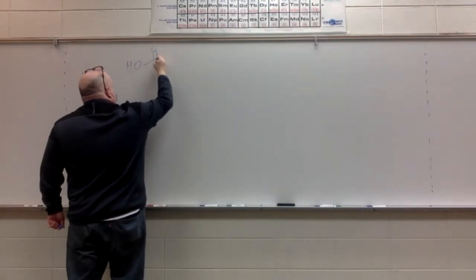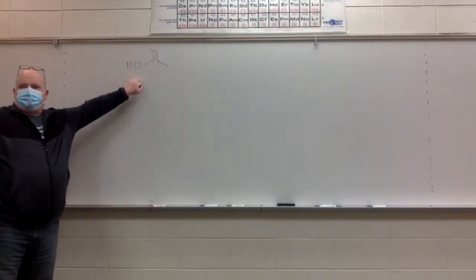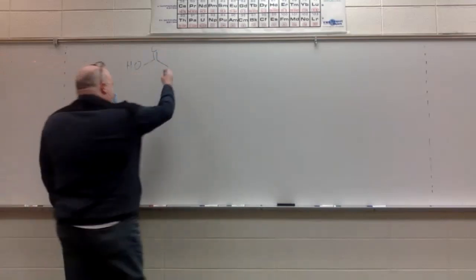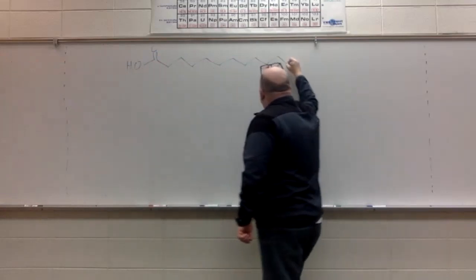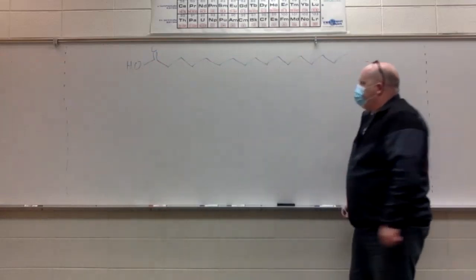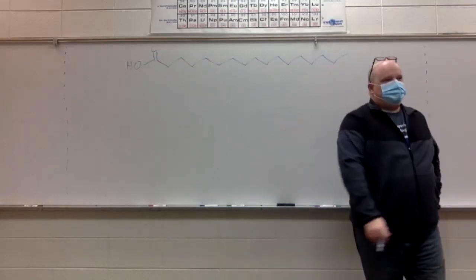First of all, we call it fatty acid because it's got a carboxylic acid group on it, right? And then it also has a really long hydrocarbon tail. I don't even know how many carbons I just drew. I just know I drew a bunch of them, right? And there are different types of fats with specific numbers of carbons.